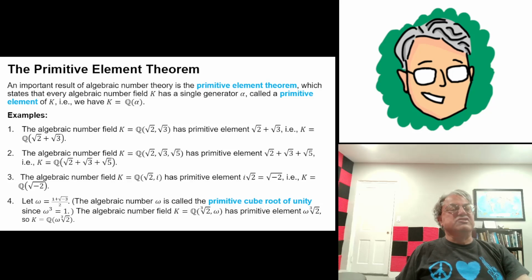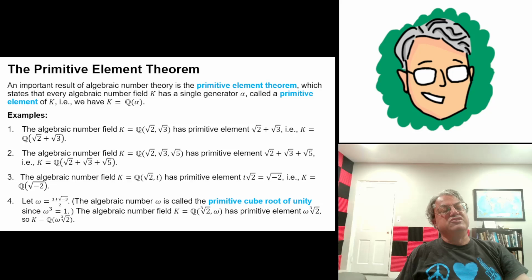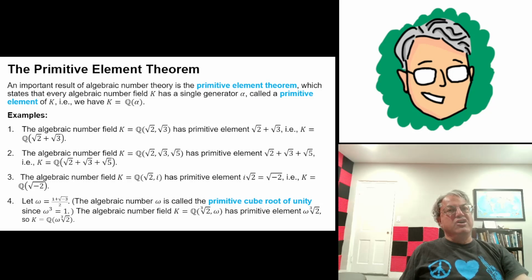And then finally, this one's probably the most complicated example I'm going to give today, but we have this number we call omega. This is what's known as a primitive cube root of unity, and it turns out that omega is equal to (1 plus i times the square root of 3) over 2. If you like, it's a complex number with an argument of 120 degrees, or 2 pi over 3 radians.